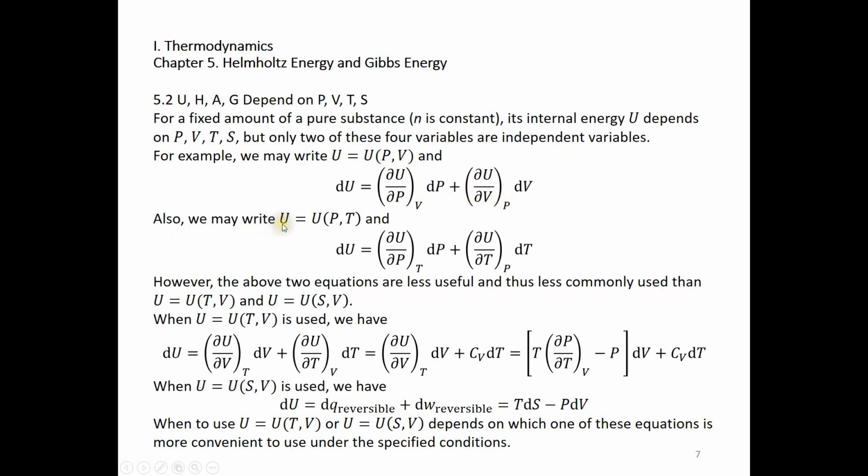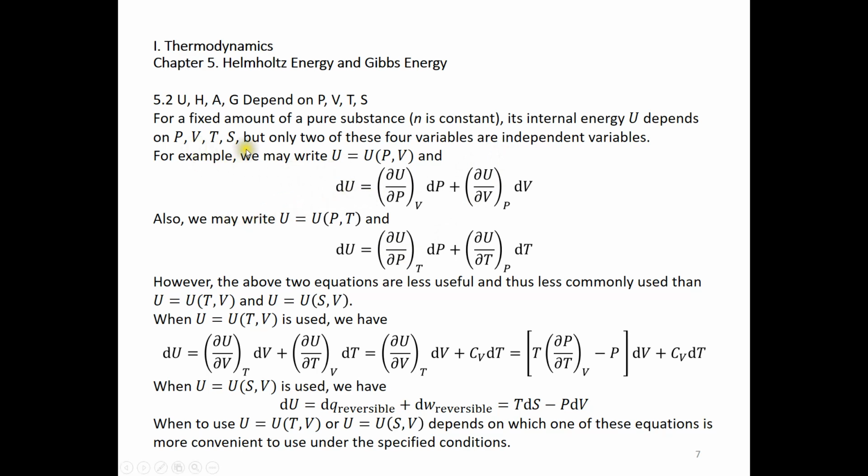Also, we can write U as a function of P and T. Similarly, dU is ∂U/∂P times dP plus ∂U/∂T times dT, and pay attention to the subscripts. This equation is also correct, but not very useful. The reason is, yes, U is a function of two independent variables.